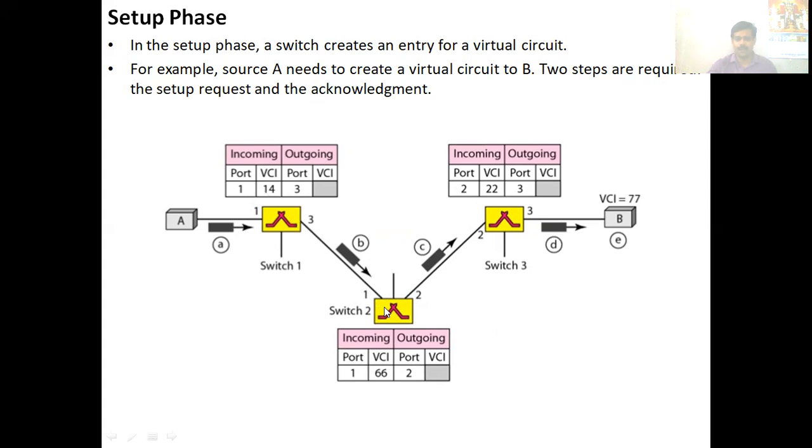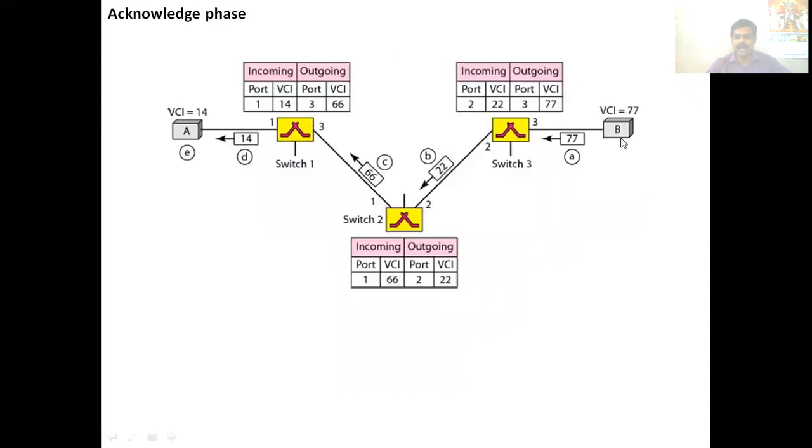Similarly here, this is port 1, this is port 2. This is port 2, this is port 3. Now assume that B is ready to accept the frames from A. So it will send the setup acknowledgement in reverse.